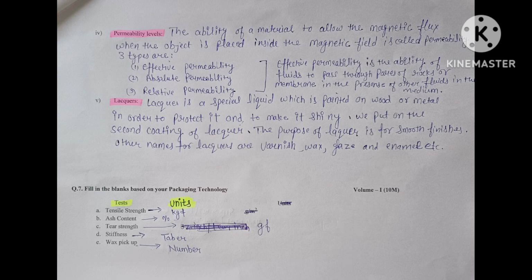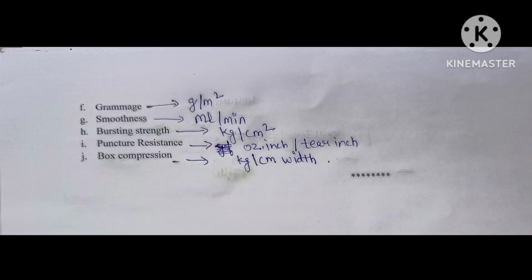Tensile strength units kgf, ash content percentage, tear strength gram force, stiffness Taber, Bekk pick-up number units होते हैं number, grammage gram per meter square, smoothness ml per minute, bursting strength kg per centimeter square, puncture resistance oz inch tear inch, box compression kg per centimeter width.